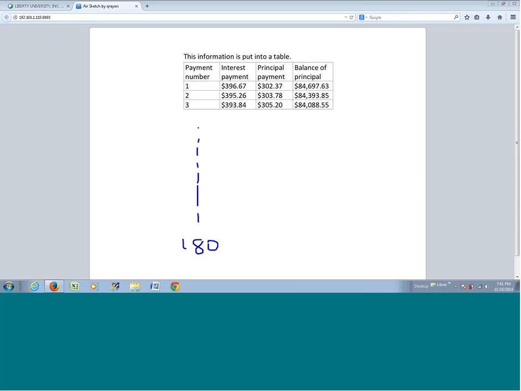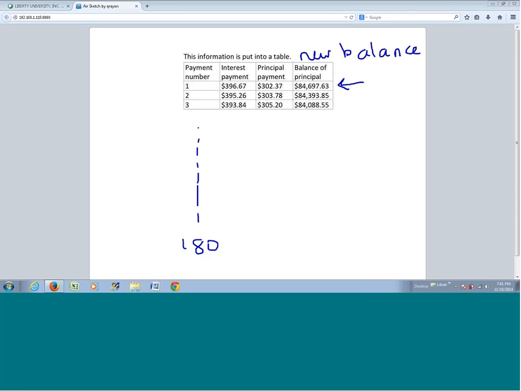We're just going to do the first 3 so that you can see how this works. So payment number 1, these are all the numbers we just calculated. For the first payment, what the interest was, what the principal was, how much of the payment went to principal, and what the new balance of the loan is, here in the last column.